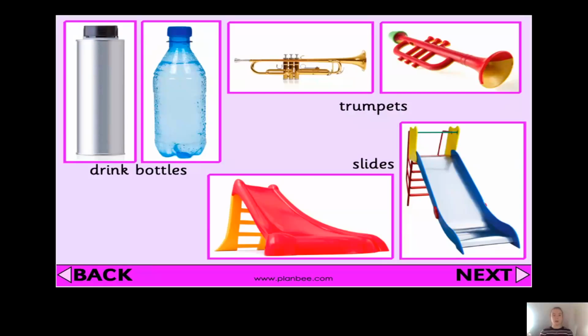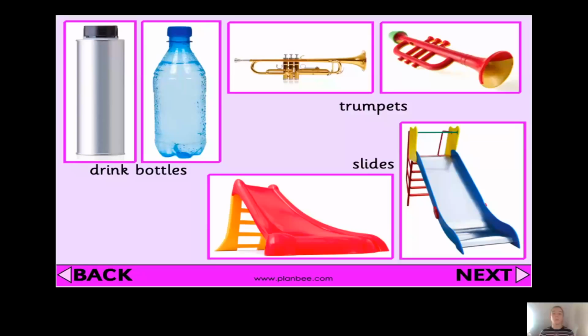Okay, now we've also got trumpets. Now, one of them's metal and one of them's plastic. What do you think the plastic one might be suitable for? What's its purpose? Yes, that's right. It might be a musical instrument that a child has, and it might not actually make any noise. It might just be to play with. So that could be the purpose of the plastic one.